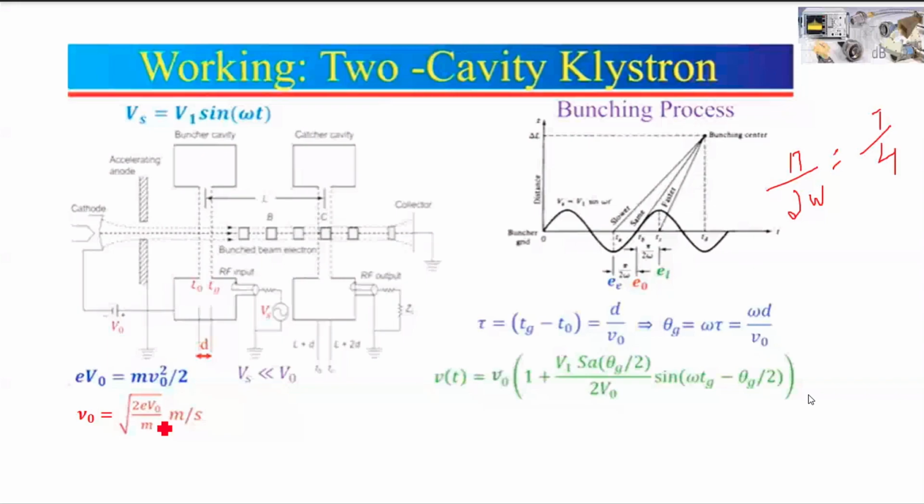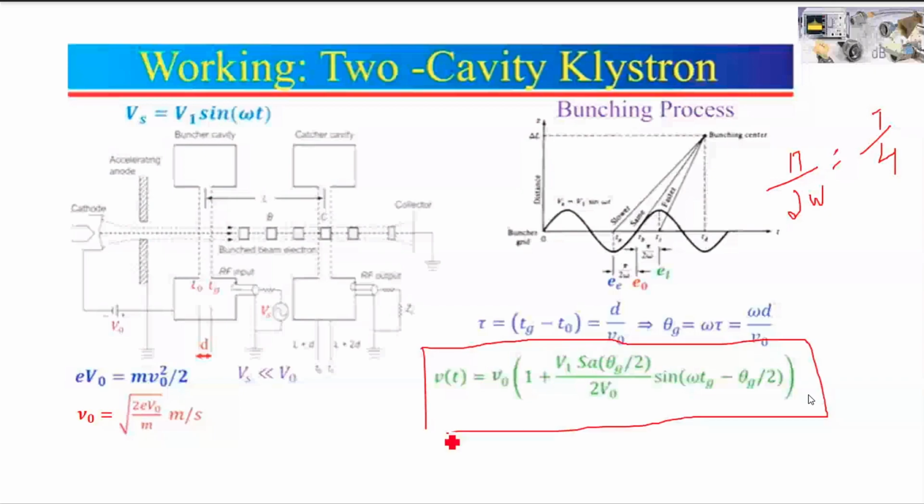No need to derive it, just remember this formula. Hardly is it asked, but it is a standard formula for the bunching process written here. So just remember this formula for velocity modulation.